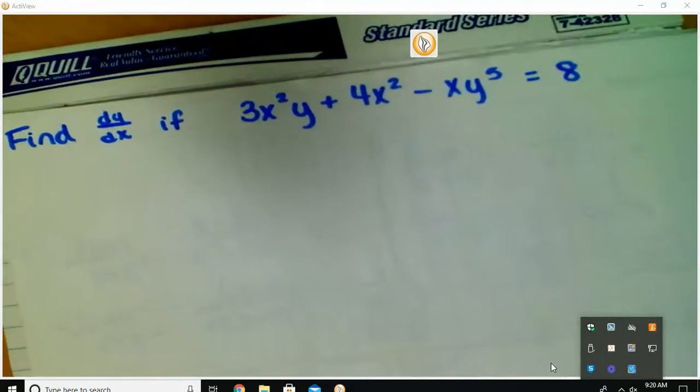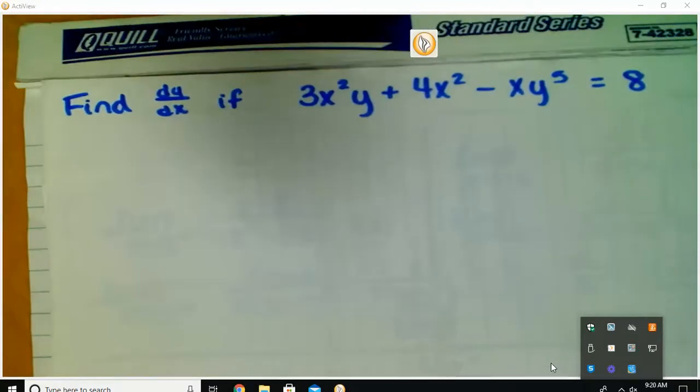Do you guys want to try it first, or you just want to work through it together? Try it? Okay. Take a minute and do that one. Find dy/dx there.